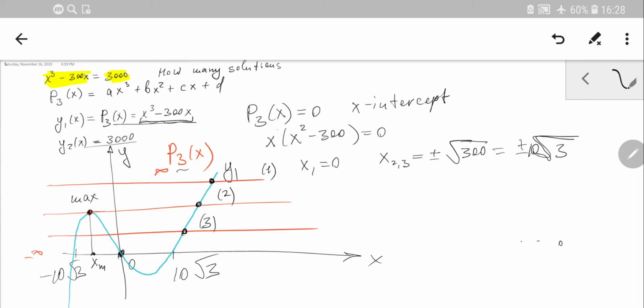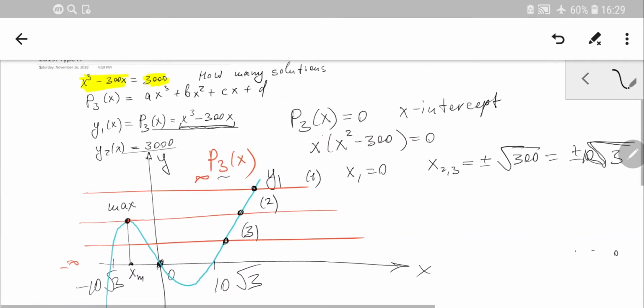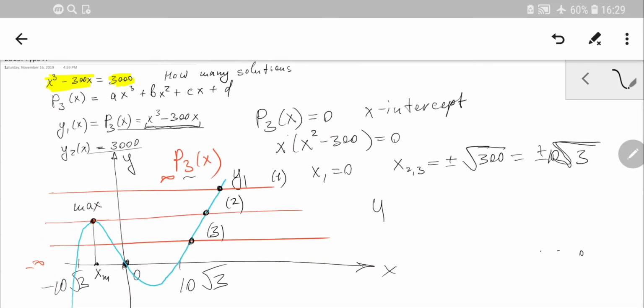Okay, let's try to figure out the derivative y1 prime from x. In the local maximum, the tangent is horizontal, so it should be 0. All right, so let's take the derivative according to the power rule. We'll get 3x squared minus 300, and we equate it to 0.